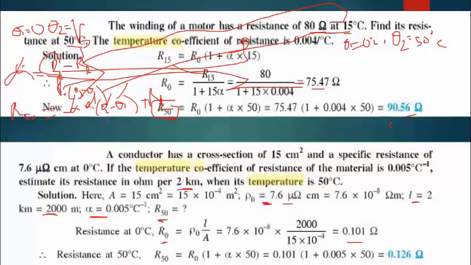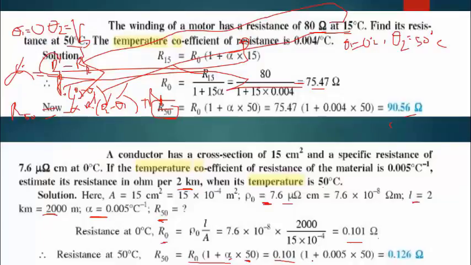But for the resistance at 50 degrees centigrade, remember I said when we use this formula, we assume that our initial temperature was 0 degrees centigrade. Good enough, we have only two temperatures and one of them is 0 degrees centigrade, so we can proceed with our formula: this is the resistance at 0 degrees centigrade, which is the one that we have here, alpha we are given, and this is the new temperature we are looking for.